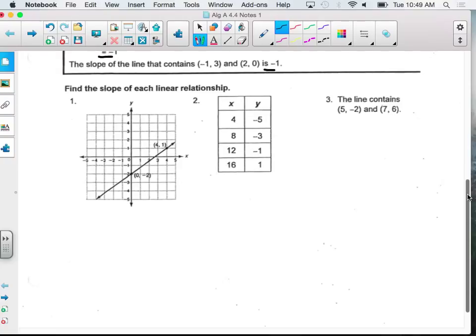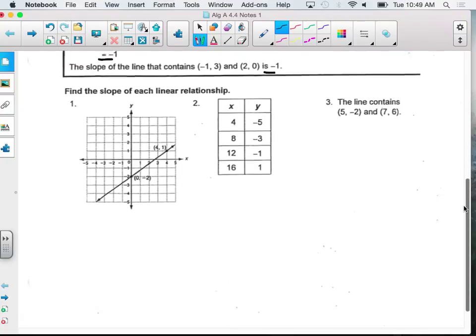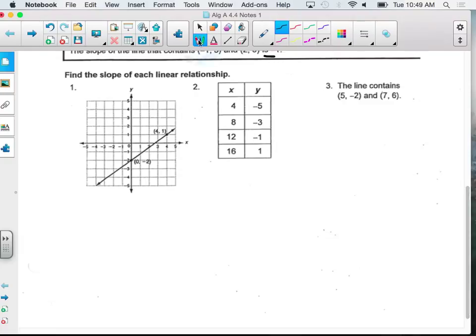Alright, so for our practice problems, number 1 is find the slope of each linear relationship. First things first, what are the ordered pairs that were given for number 1? 0, negative 2. Okay, we have 0, negative 2.